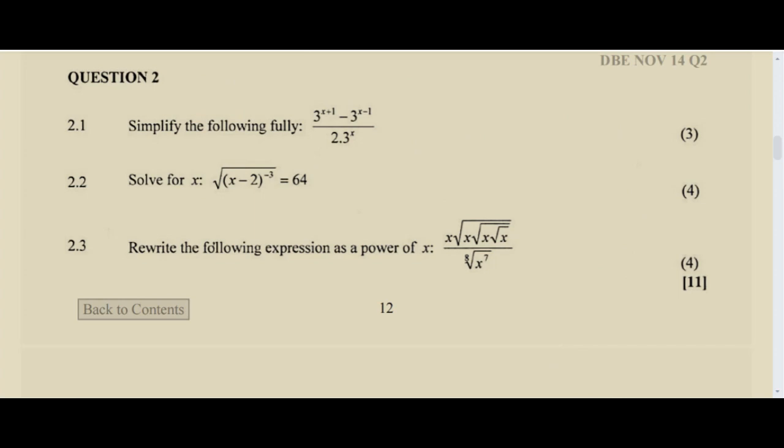Then 2.3 says rewrite the following expression as a power of x, right? So do not be intimidated by this, guys. So you have your x here. Your x is expressed to the exponent of 1. So this is a square root here. That means we'll have x to the exponent of 1 over 2. But once we have a square root inside of another square root, then it becomes the fourth root.